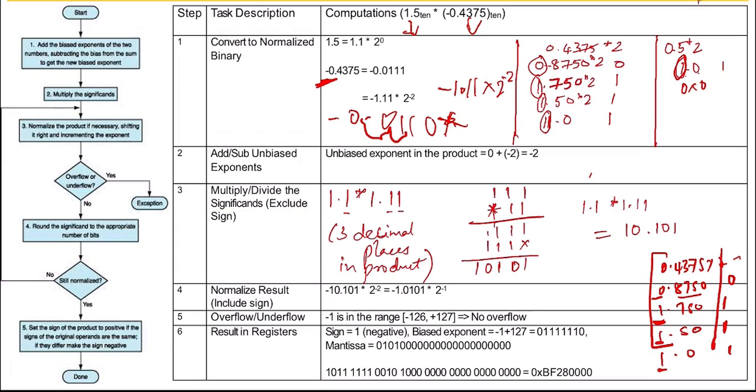After that, we can just multiply the significands. When we multiply 1.1 by 1.11, you can ignore the negative sign, because there's a way to know what the sign is eventually going to be. When we multiply 1.1 by 1.11, you can drop every decimal place, but you know that we have 1, 2, 3 decimal places in the product.